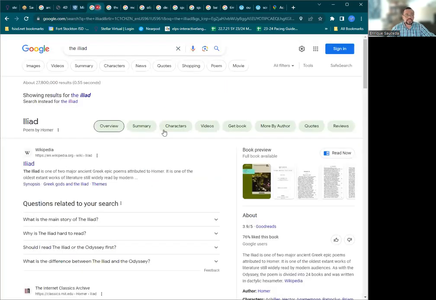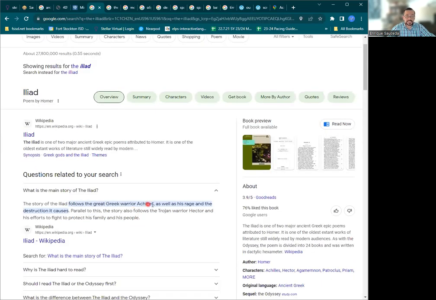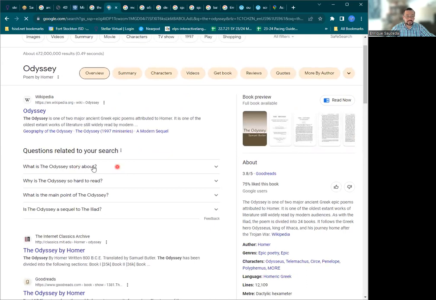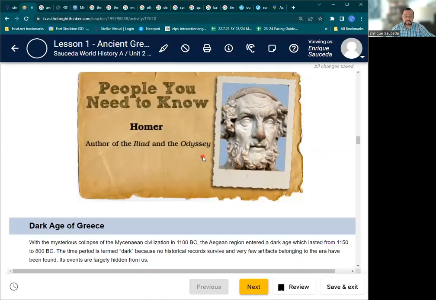Now, the story of the Iliad follows a Greek warrior, Achilles, as well as his rage and the destruction it causes. The story of Troy. The story of the Odyssey, Odysseus, the king of Ithaca, wanders for 10 years trying to get home after the Trojan War. He's the only one to come back from his trip.